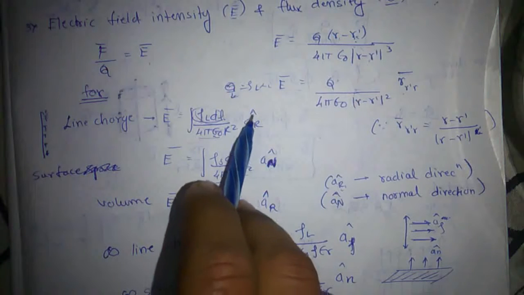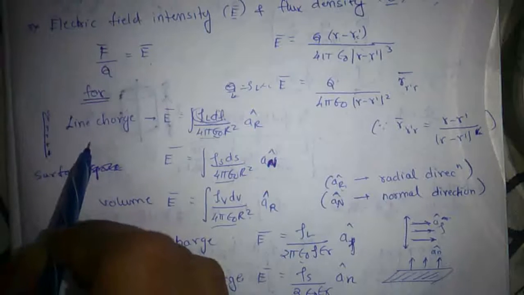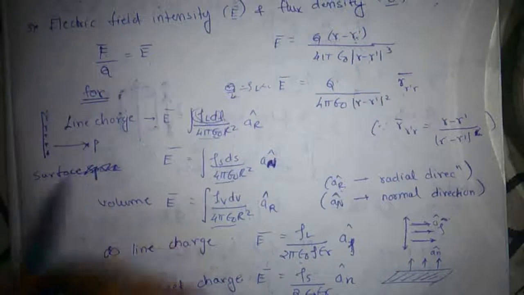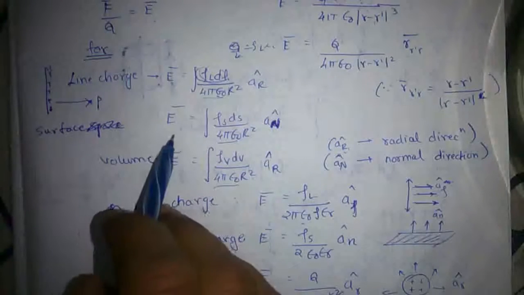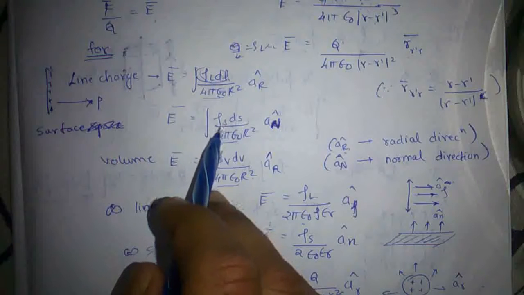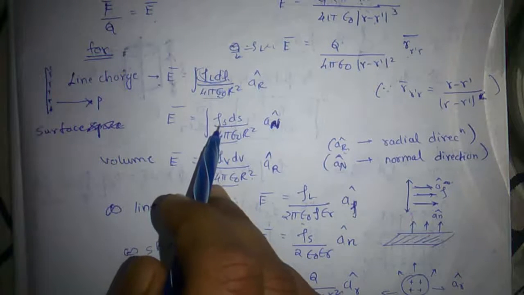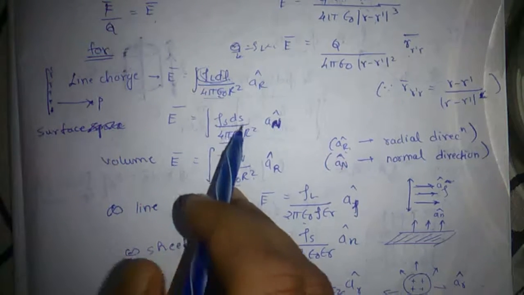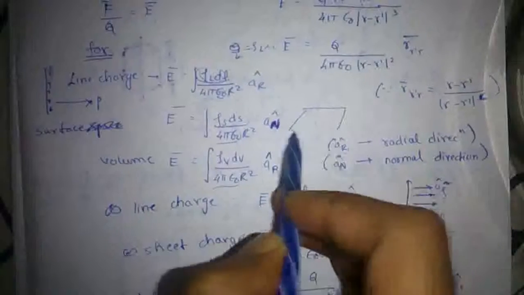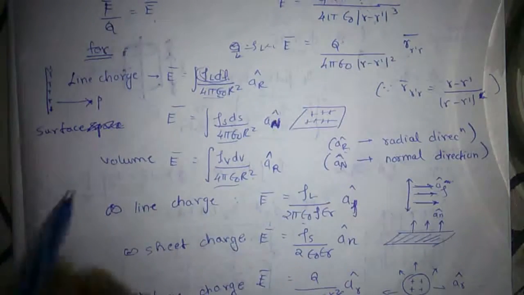AR cap is nothing but the unit vector directed from the charge to the point at which we have to measure the electric field intensity. Correct? So now similarly it goes for the surface charge density. We use rho s into ds, where rho s is the surface charge density and ds is the small area over the sheet of charge, right?